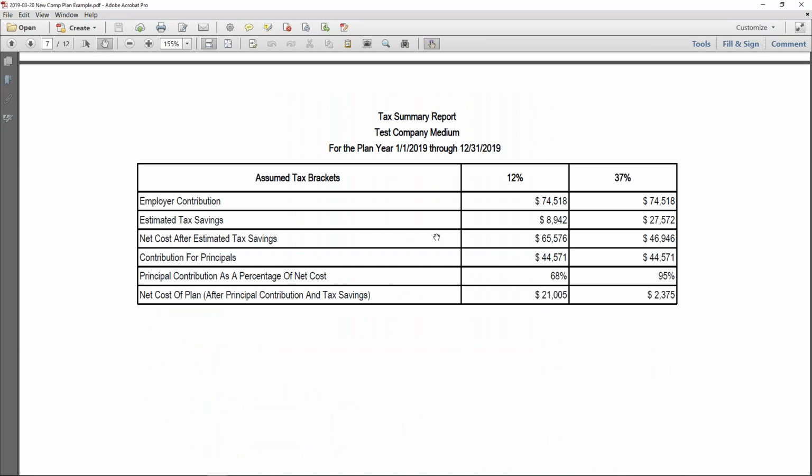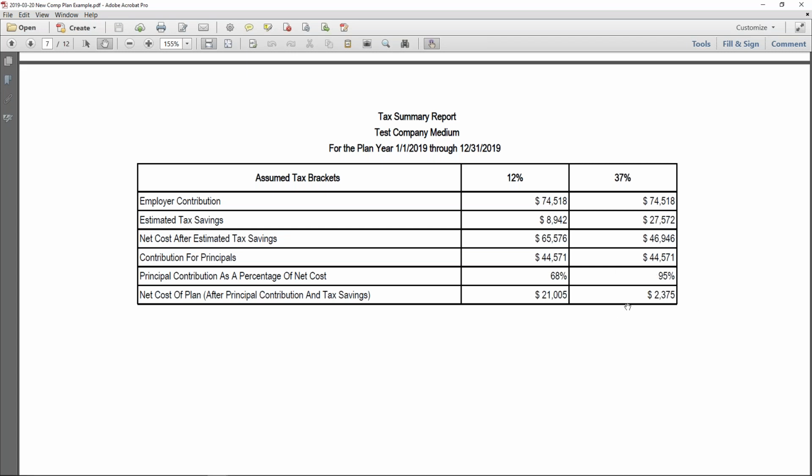So if you take out the deferrals, the company has to fork over an extra $74,000 a year. The tax savings on that at the 37% bracket are $27,000. And so the net cost, if you factor in the tax, is $46,946. But the principals are getting $44,571 of that, or 95%.